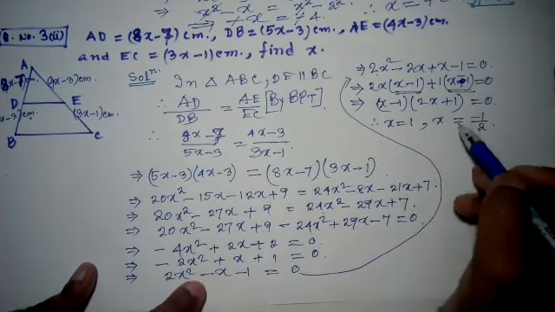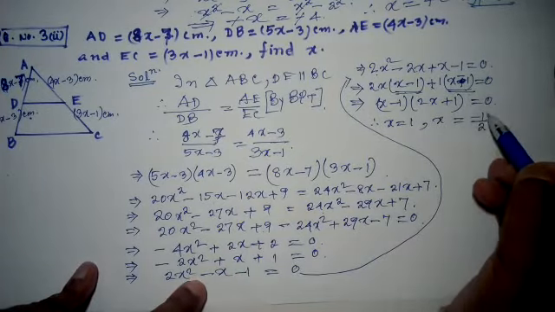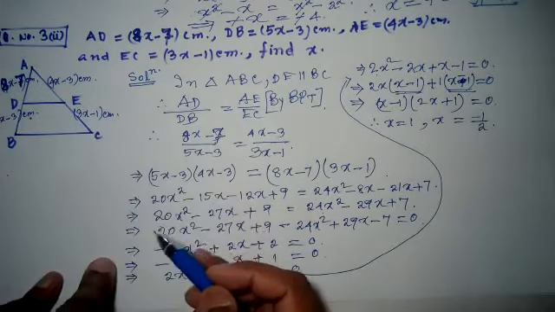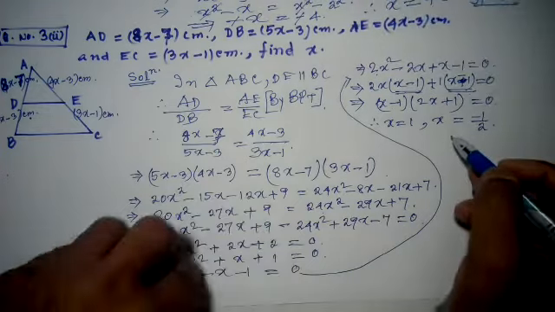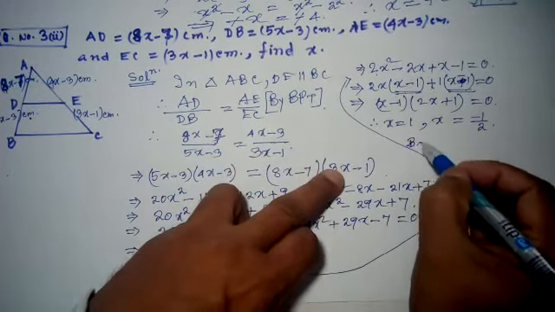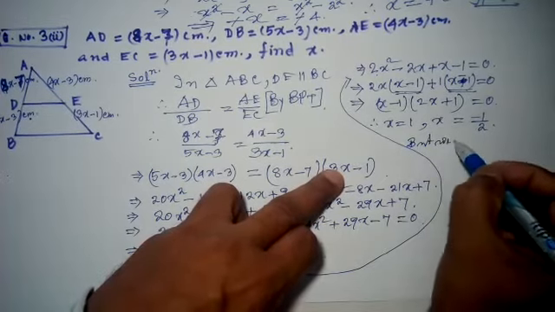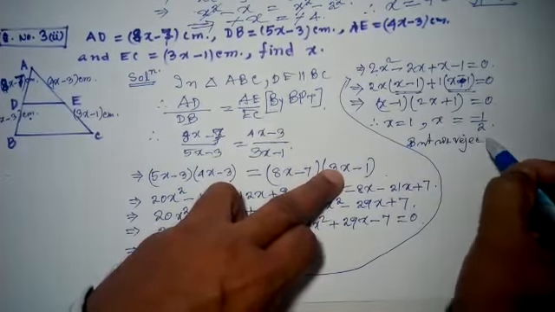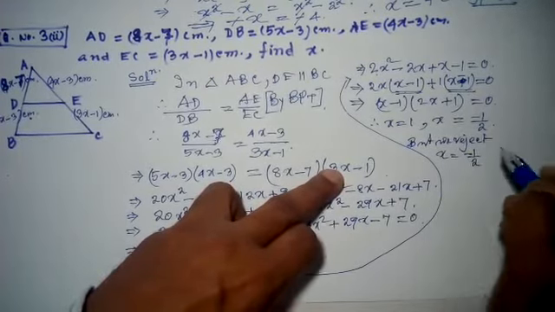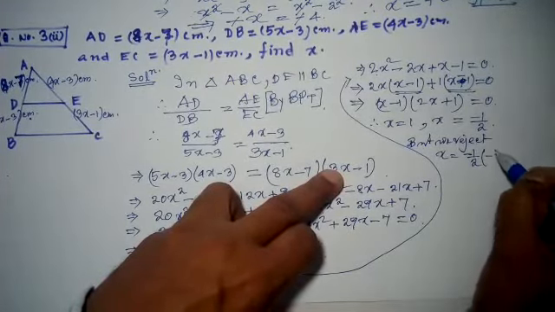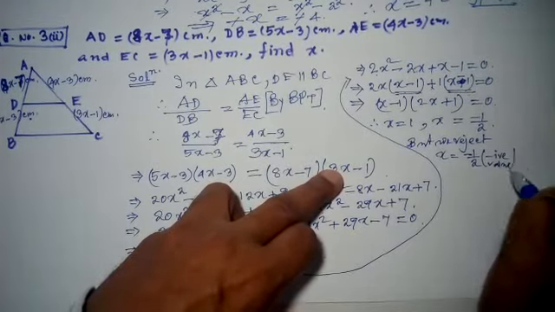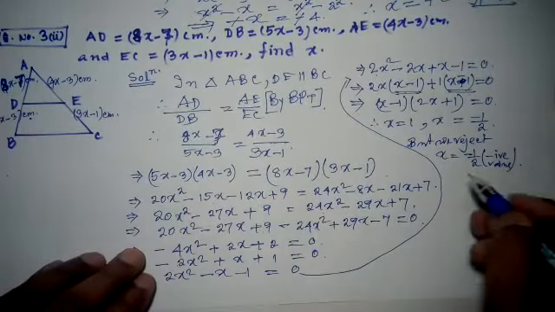Now this value of x we cannot take as minus because it will give us the length of the side as minus. That is not possible. So what we do, we reject x equal to minus 1 by 2 because that is a negative value, because the length of a side cannot be negative.